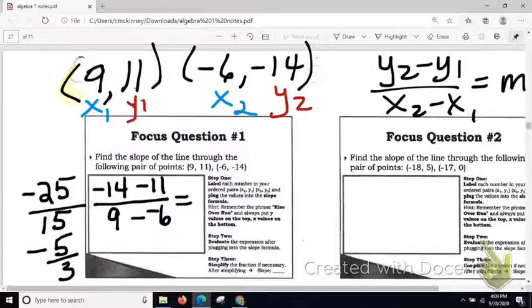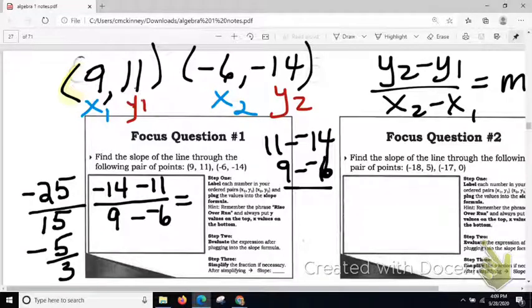By the way, if you did the problem and you took the 11 first, if you did 11 minus negative 14, and then you did 9 minus negative 6, I'm looking because I must have screwed something up back here, because I should come up the same. I switched things.